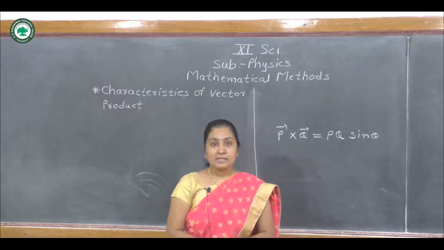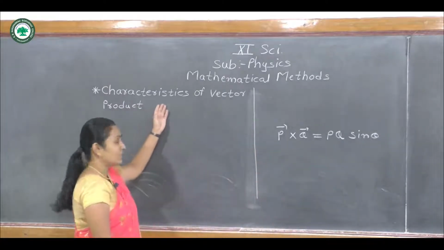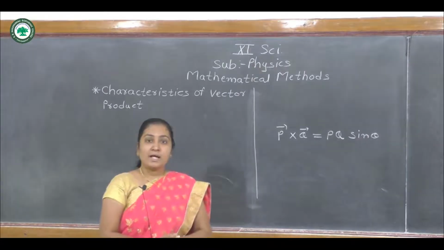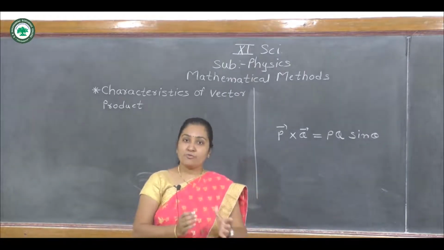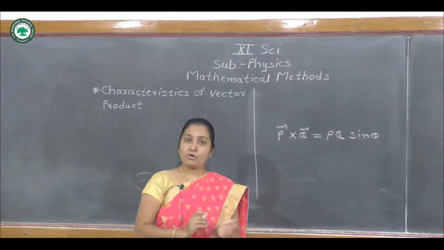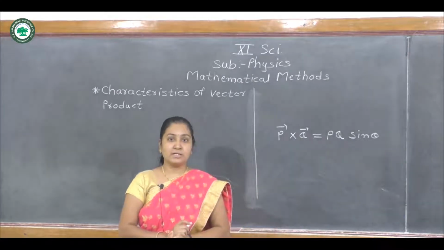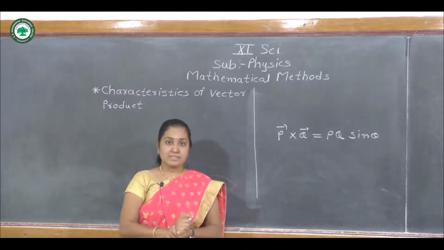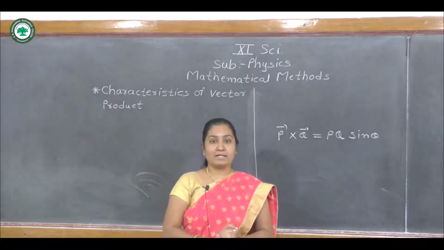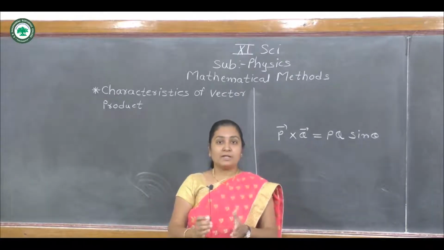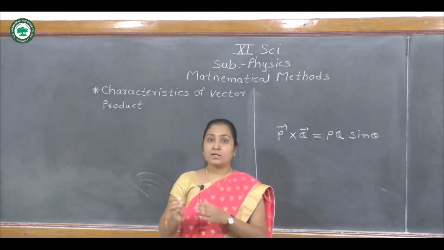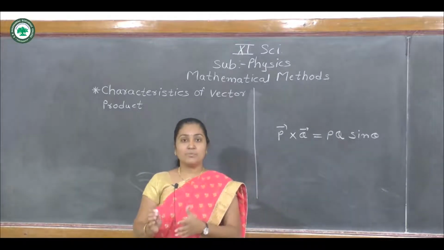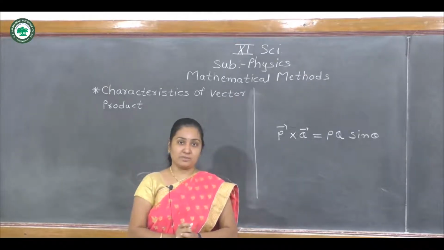Now in this lecture we are going to study the characteristics of vector product. There are different characteristics of vector product, out of which we have studied three. First characteristic: vector product does not obey the commutative law of multiplication.